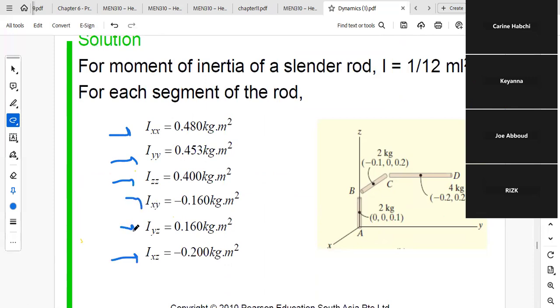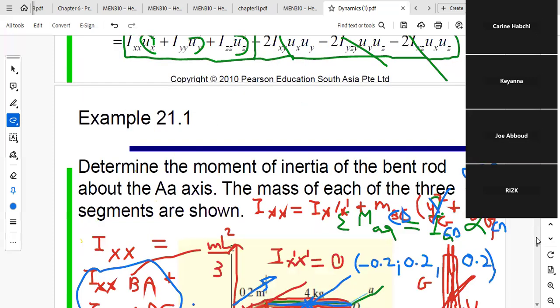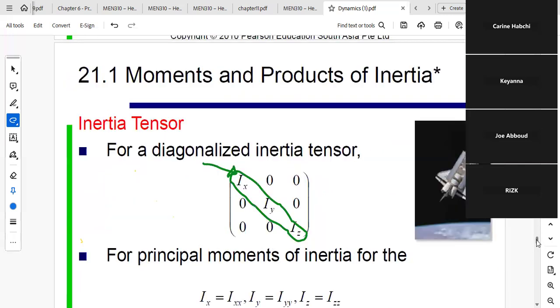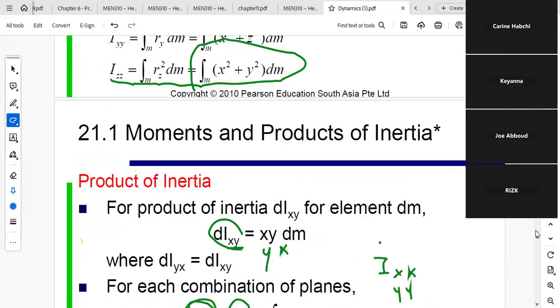All I have to do is to plug in the formulas of product of inertia and of inertia, and replace in the parallel axis theorem. Please try to practice on this. It's very simple. All you have to do is to get the coordinates of the center of mass for each of your parts, AB, BC, and CD. And once you do it, you just have to go to these formulas here for products of inertia that we have developed together here.